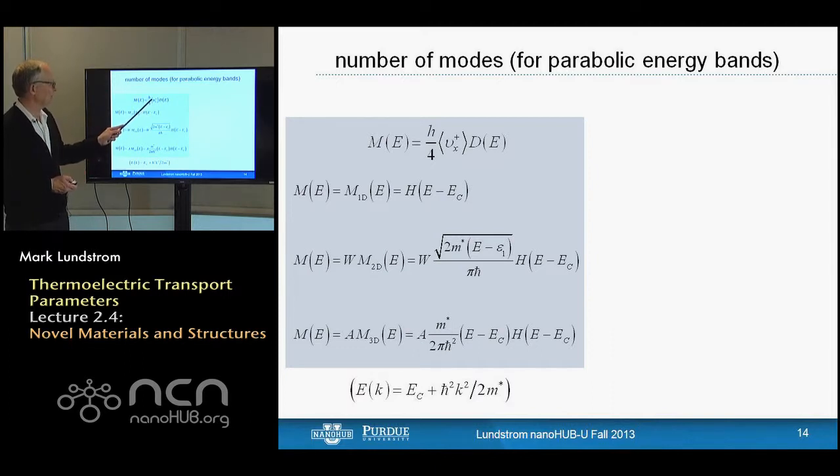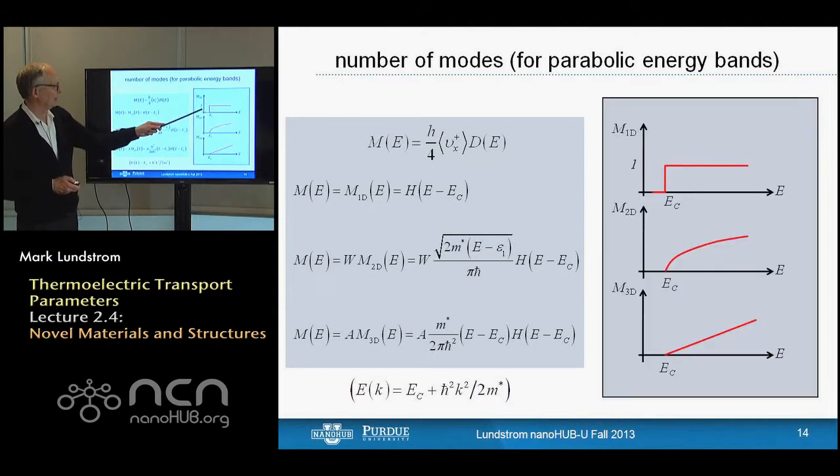That's proportional to velocity times the density of states. And when we do that, we find that the distribution of modes in energy is constant above the band edge in a nanowire, goes as the square root of energy in a two-dimensional quantum confined sheet, and goes linearly with energy as we've seen in a bulk thermoelectric. Okay, so bulk thermoelectrics are okay. We have a few channels at the bottom of the conduction band, not as many as we would like.